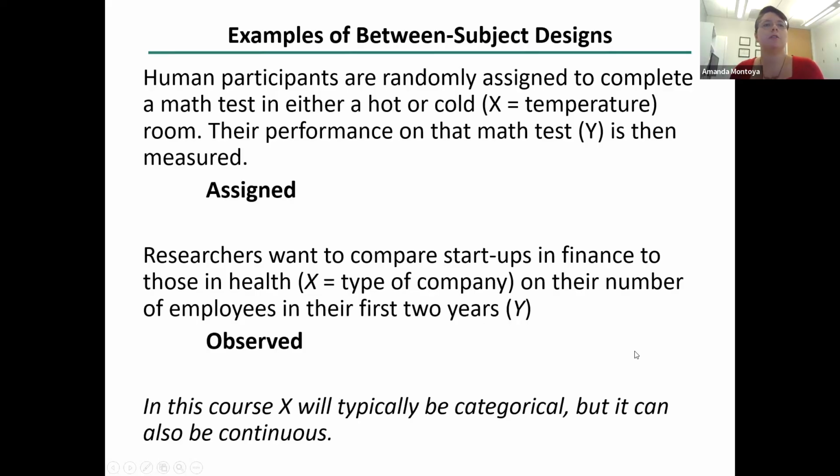So in this course, I'm typically going to focus on X variables that are categorical, but they can also be continuous. So for example, if we circled back to our hot or cold example here, if you were the experimenter, there's a couple ways that you could think about doing this.